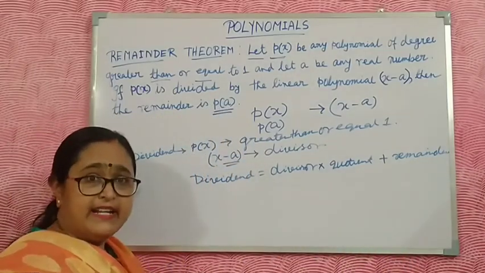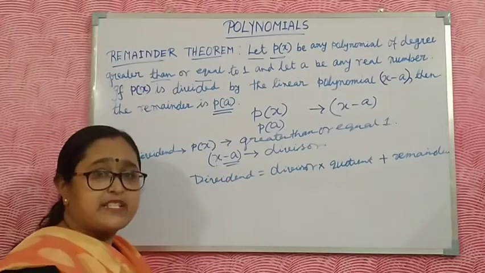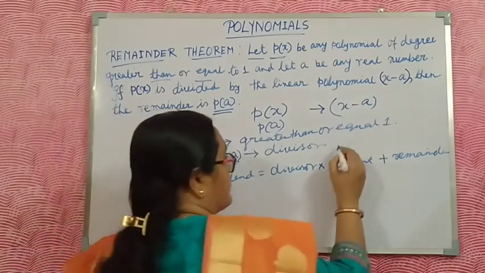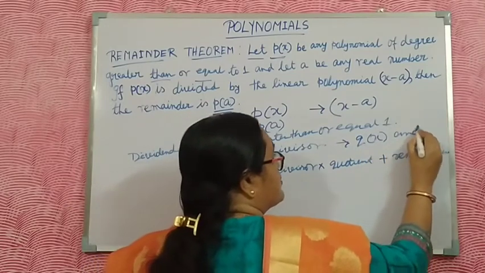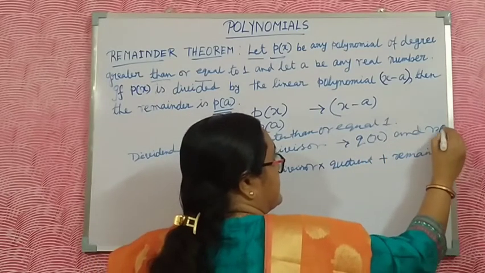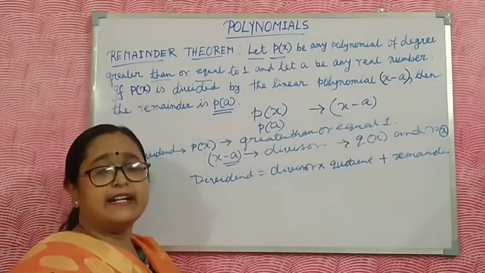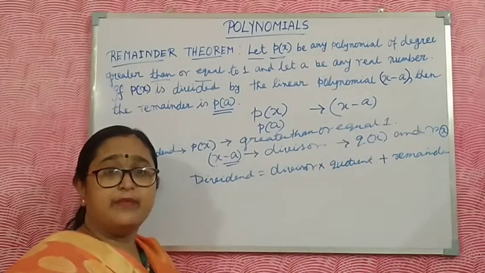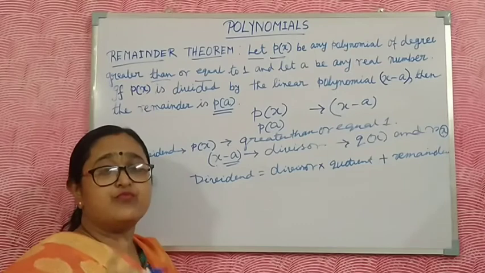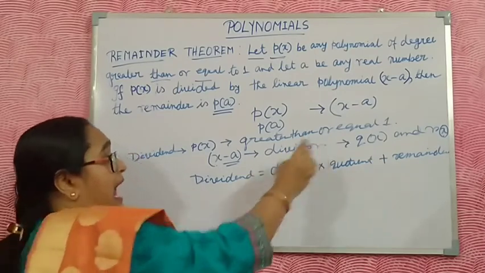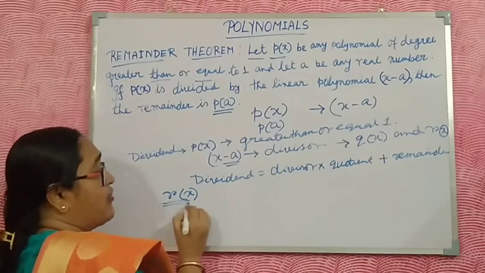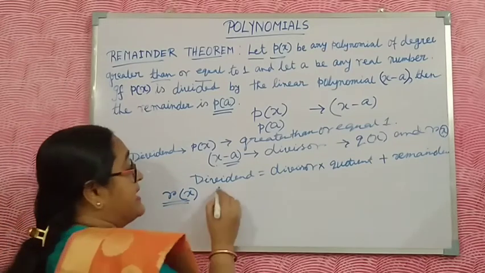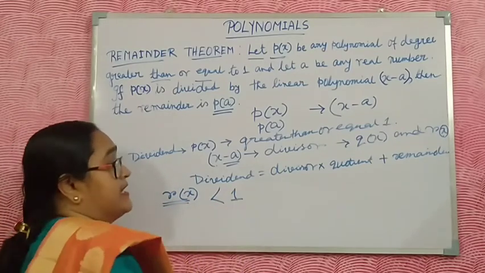When we divide P(x) by x minus a, the quotient is Q(x) and the remainder is R(x). All these are under the variable x. But here is one thing to look at: the degree of R(x) is less than 1.